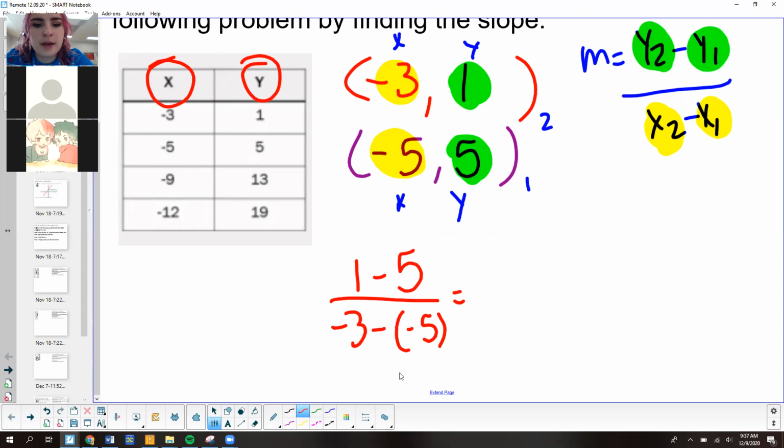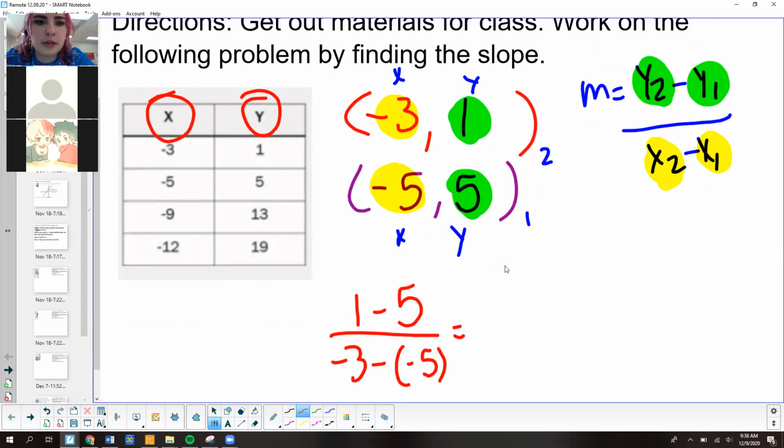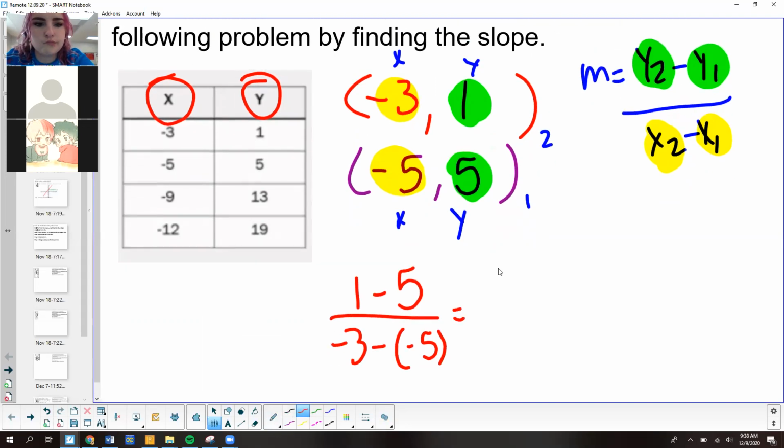When I set it up like that, go ahead and put that in your calculator and calculate our slope. Remember, we're just doing 1 minus 5 on the top, and then -3 minus a -5 on the bottom. Once you get that, go ahead and enter it in the chat.